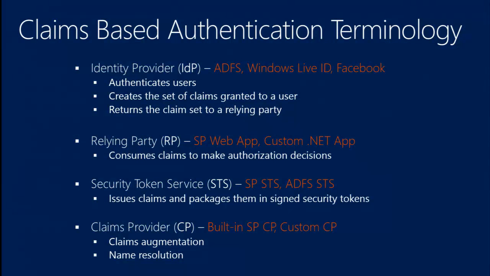So for example, let's say a user logged on using Windows Authentication, but you'd like to grant that user an additional claim that looks up, say, an SAP system and retrieves the purchasing limit for that user because you want to use that in an approval workflow in SharePoint. So this is where claims augmentation comes in. With a custom claims provider, you're able to do this lookup into your SAP system and assign that to the claim set associated with the user.